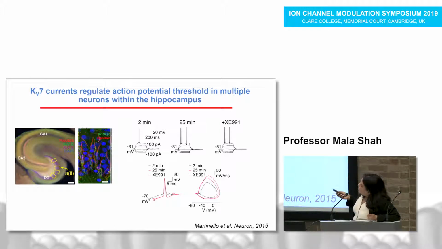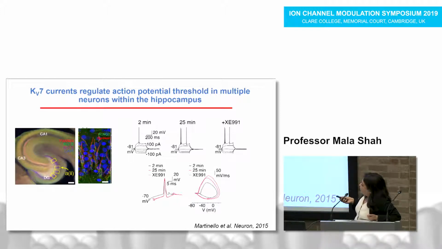So we added ABP to the patch pipettes again, and this time you can see that there is no change in the resting membrane potential. There was also no change in the input resistance, so the amount of voltage change in response to a depolarizing current pulse, but we had a greater number of action potentials.